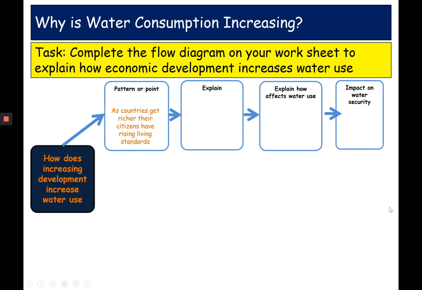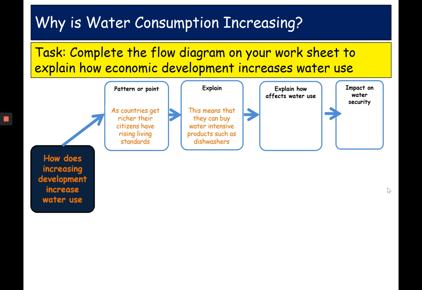So if you look at the pattern, as countries get richer, citizens of those countries have higher living standards. People have more money, so they have more products that might use more water. For example, dishwashers; washing machines are another example. Most of us have them in our homes, but if you think about low-income countries or newly emerging economies around the world, they're not going to have access to those same products.